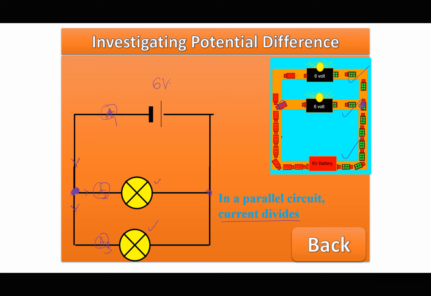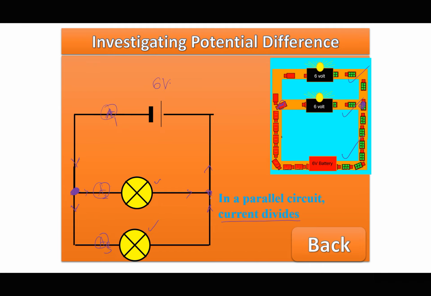So the current divides at one junction, it recombines at the other junction, as given by Kirchhoff's first law. So the current divides, but the PD across each of the components in parallel is going to remain the same. That is a concept you met in GCSE.